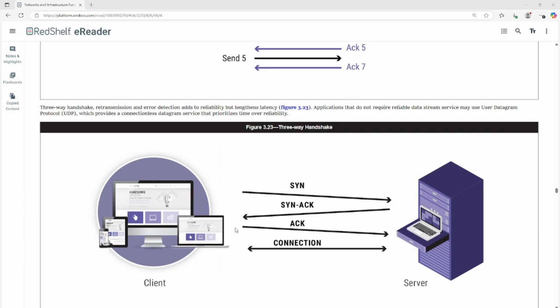The 3-way handshake here is very explanatory. I talk about the SYN, ACK, and then you connect, and then you start transactions. The 3-way handshake ensures transmission and error detection, which adds to reliability but lengthens latency. That's why TCP is not a good protocol for video streaming: though it's reliable, it takes effort to make it reliable, so streaming video will be slow.